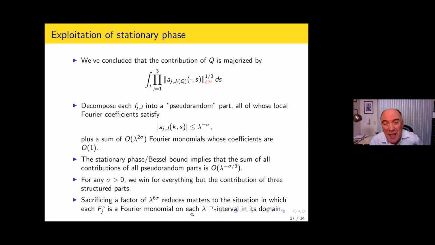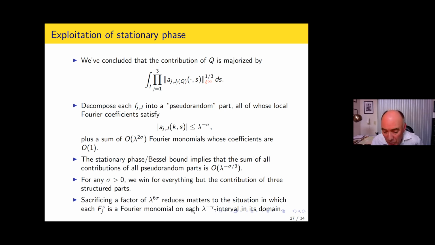It's a single Fourier character times a bounded coefficient on each interval of length lambda to the minus gamma in its domain. So the domain is cut now into these very short intervals. On each interval, my factor capital Fj is relatively simply behaved, but there are many of these small intervals, and I have no control on how the frequency varies from one interval to another. So it's still a complicated situation.